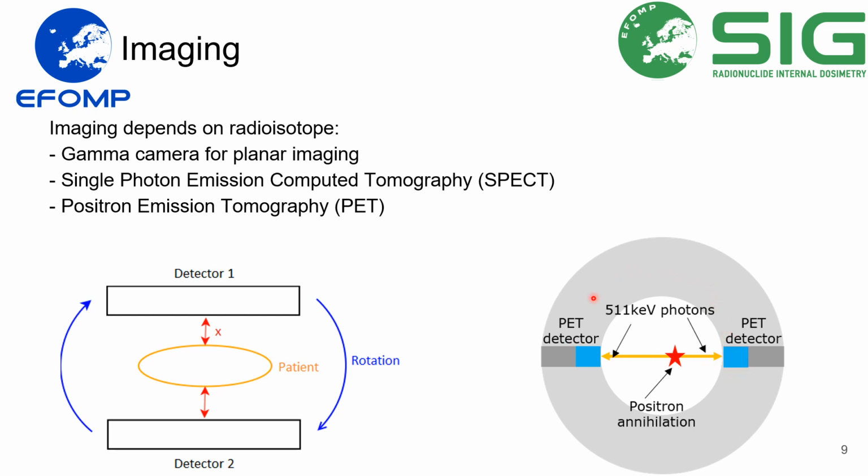Important to note, this whole ring here consists of detectors. So opposite to the gamma camera, where you have 1 up to 3 detector heads, which can be static or rotating around the patient, here we have a full ring of detectors around the patient measuring the so-called line of response, here in yellow, to form a three-dimensional image of the radioactivity distribution in the patient over time.